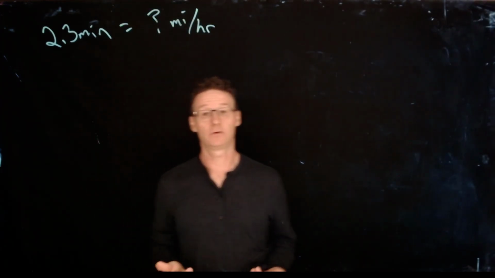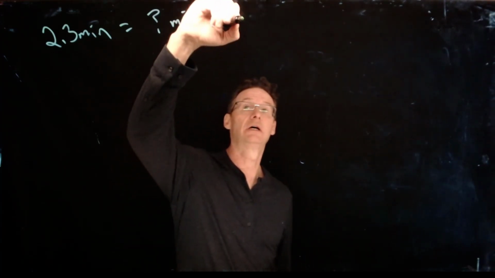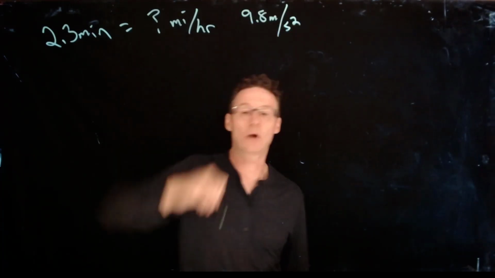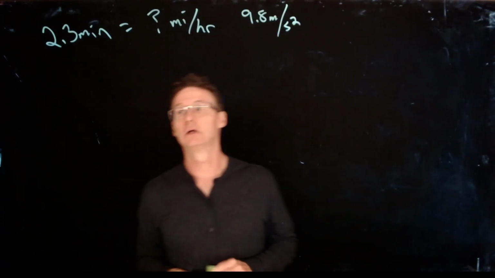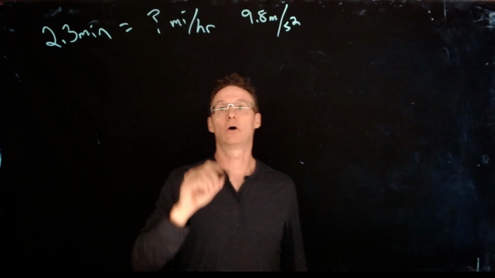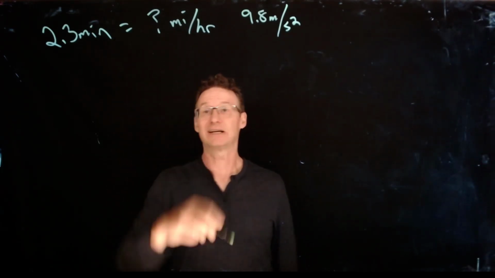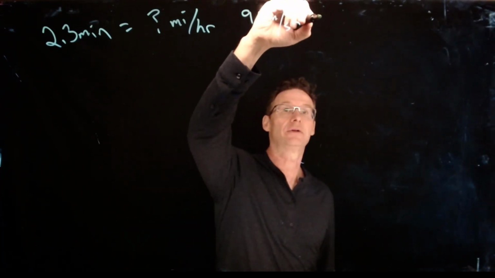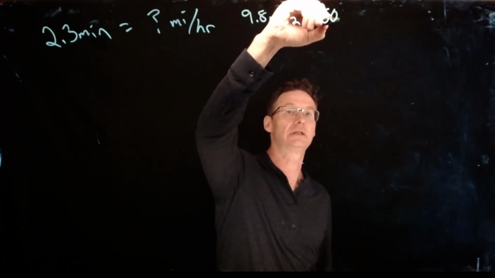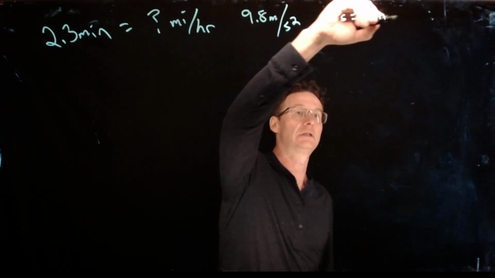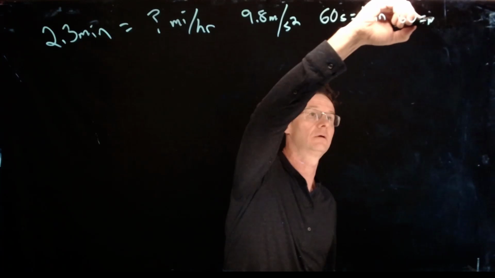Okay, so we need to know a few things here. What's the acceleration of gravity? Well, that's 9.8 meters per second squared. There's our squared unit. We need to know minutes. We're going to convert that into seconds. We're going to convert that into hours. We know that there are 60 seconds in a minute and 60 minutes in an hour.